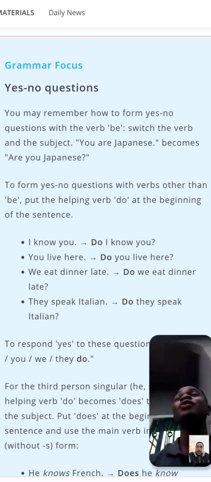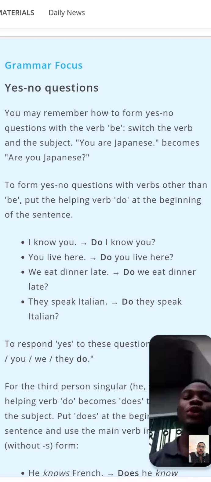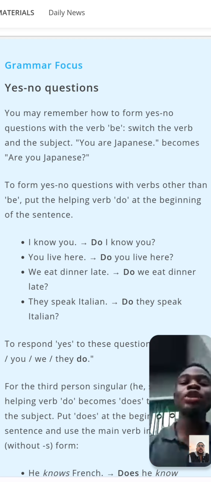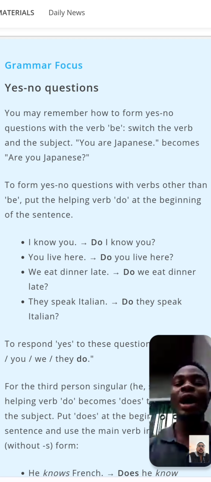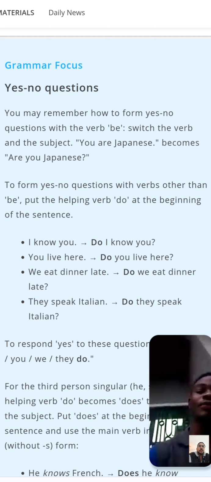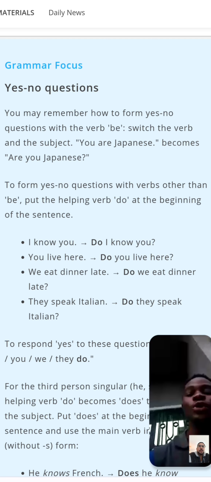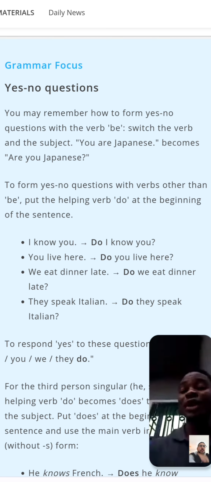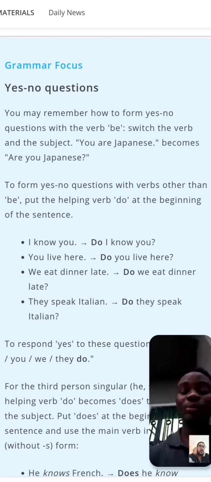So you switch the position of the subject and the verb. The subject is you, the verb is are. So we simply switch their positions, and it becomes, are you Japanese? Now that's the question, and it should end with a question mark.